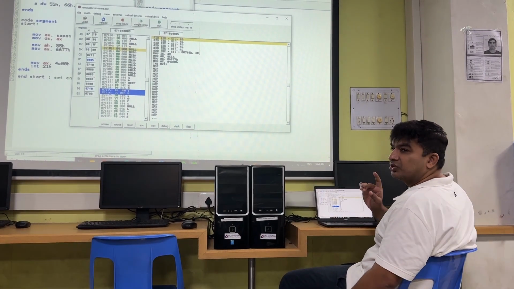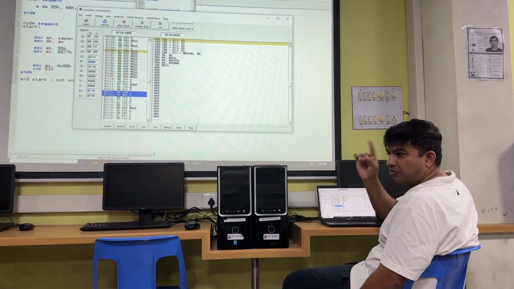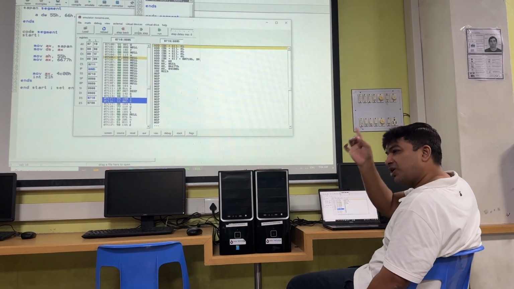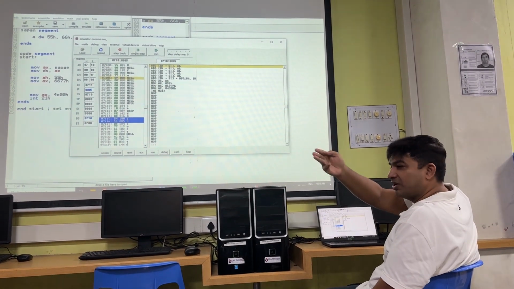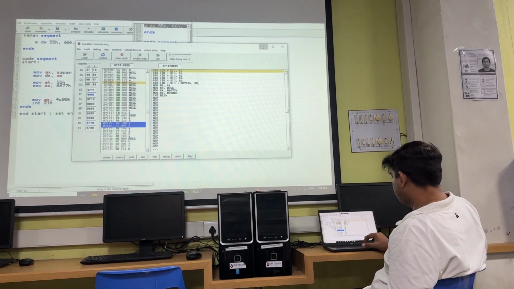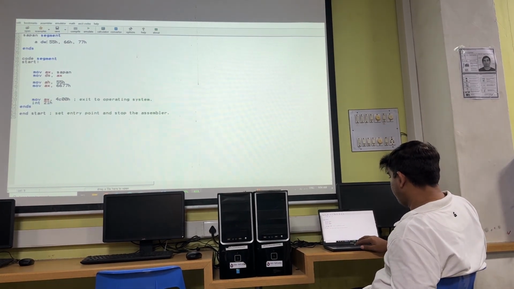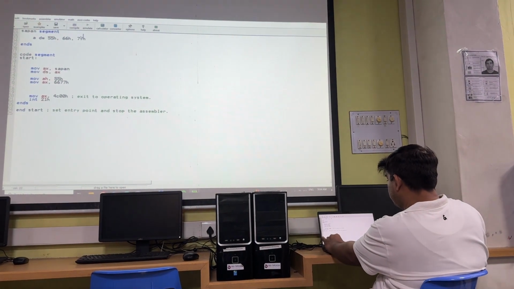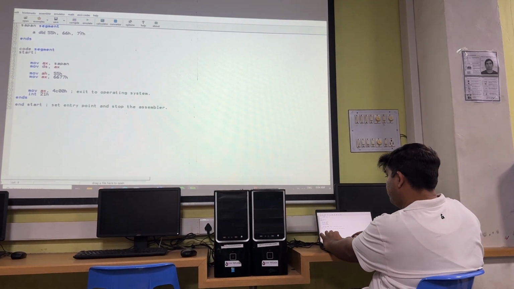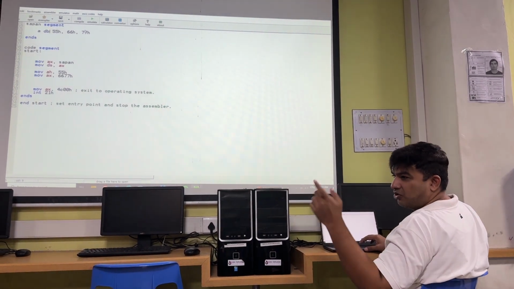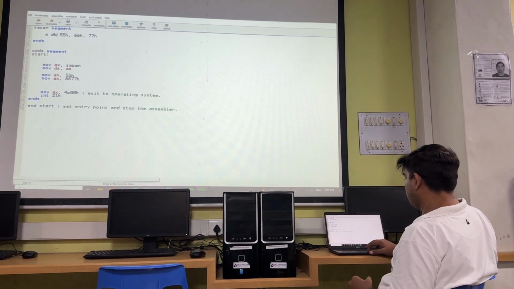550066007700. Why is it that? Because of DW. The same thing, if I use DB, only 8 bits will get occupied. So 55, 66, 77. It would be like that. Just check. If instead of DW I am writing DB, now it is data byte. Only 8 bits will get occupied.